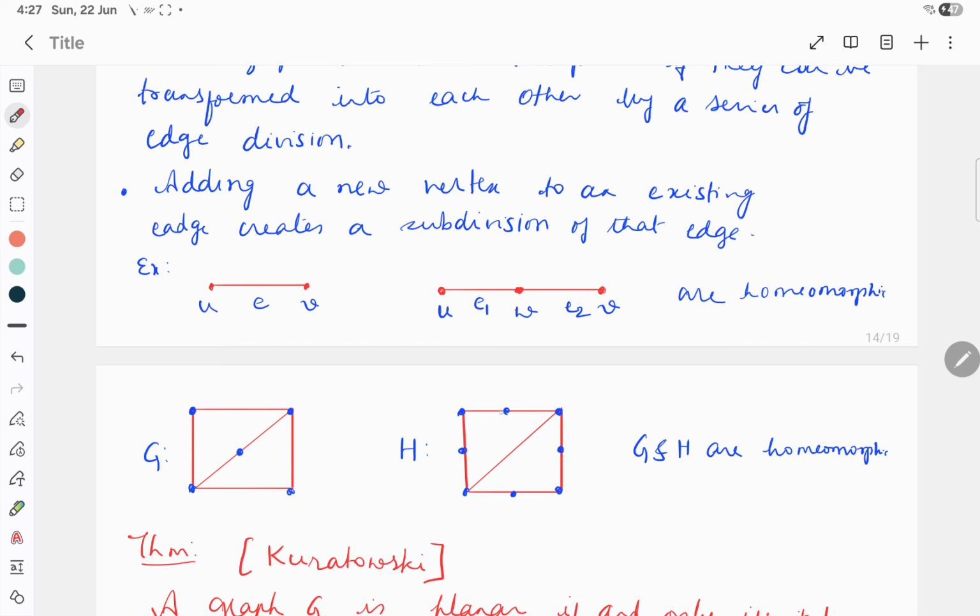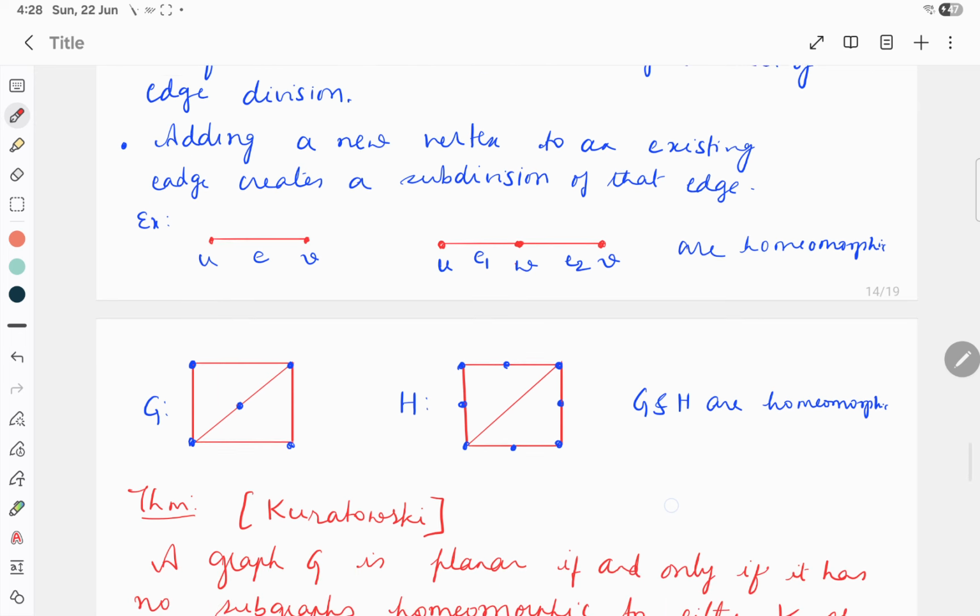I have introduced vertices on all the outer edges, and the vertex here has been removed from this edge. Whether you add a vertex or delete a vertex, we get graphs which are homeomorphic to each other. So here graphs G and H are homeomorphic.